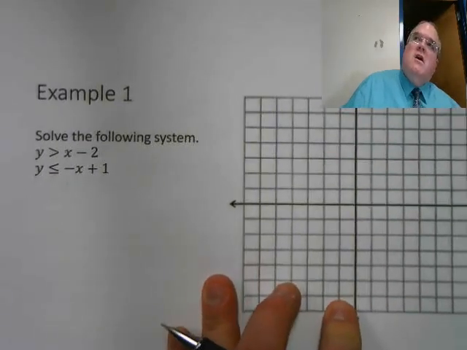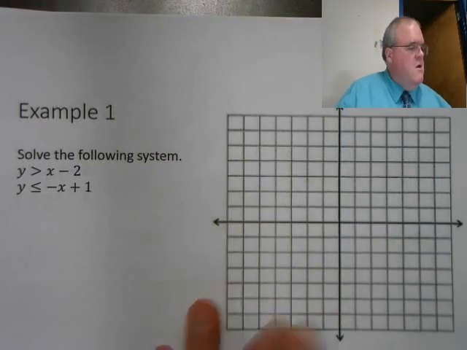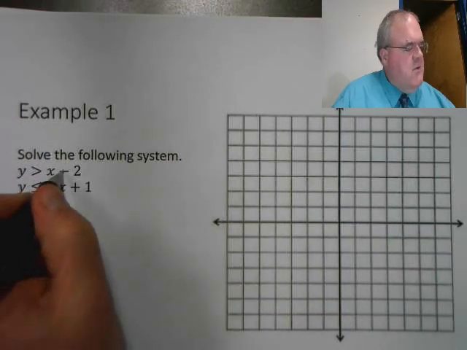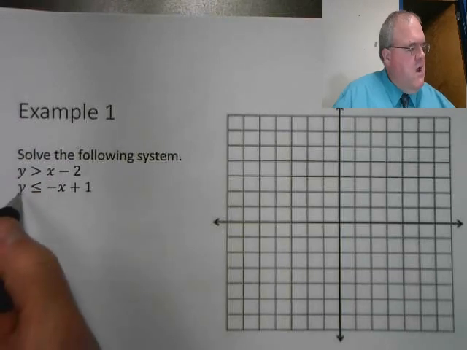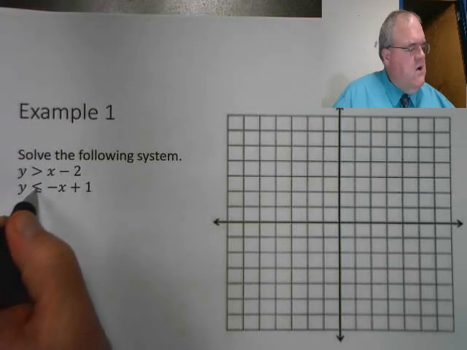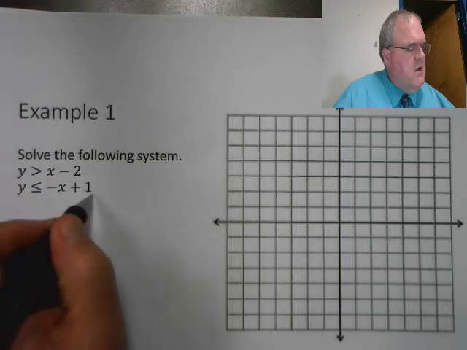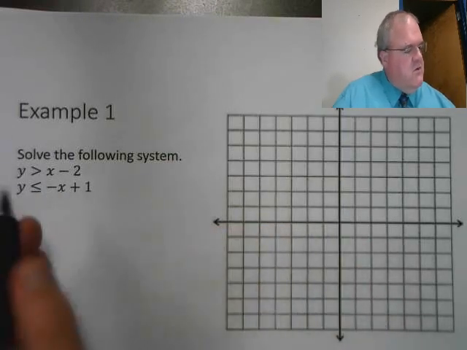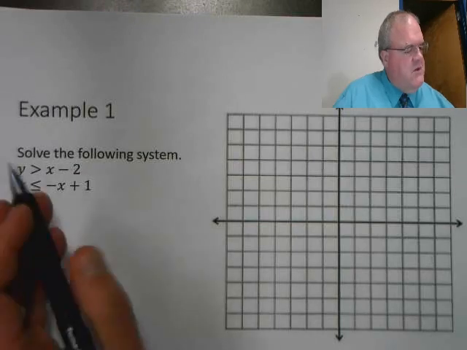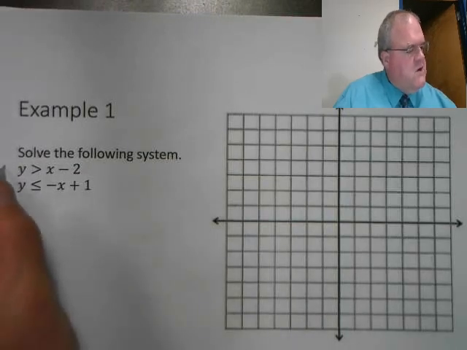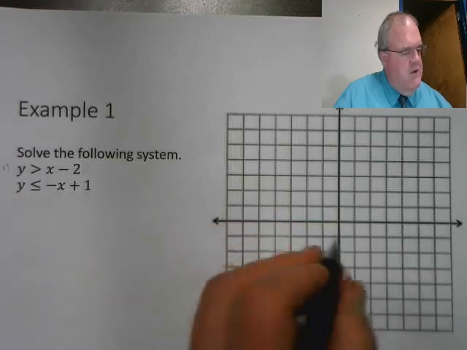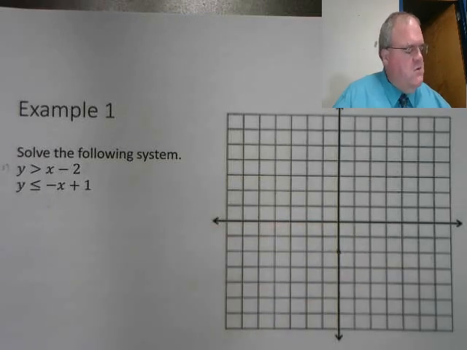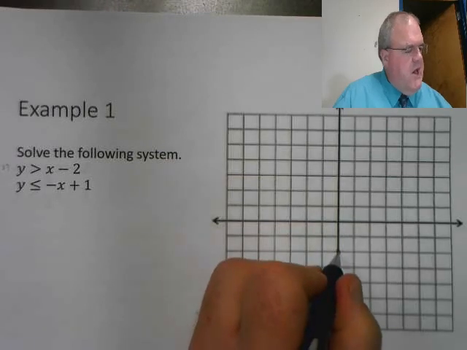So, here's the first example. We have y is greater than x minus 2, and we have y is less than or equal to negative x plus 1. So what I'm going to do is graph both of these. My first equation, I have a y-intercept of negative 2, so I go to y negative 2 and put a dot.